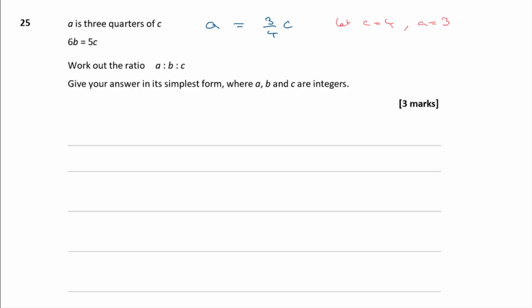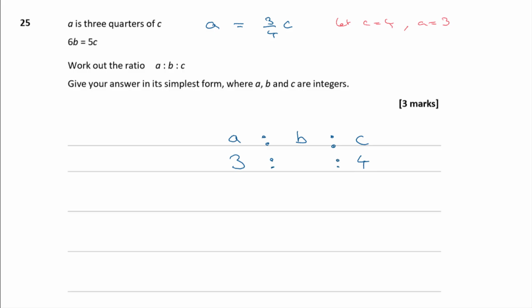And that's enough to give me the ratio of A and C. So if I write this down as a ratio, then I know that when A is 3, then C is going to be 4. We don't know what B is yet. We've only got those two things at the moment.